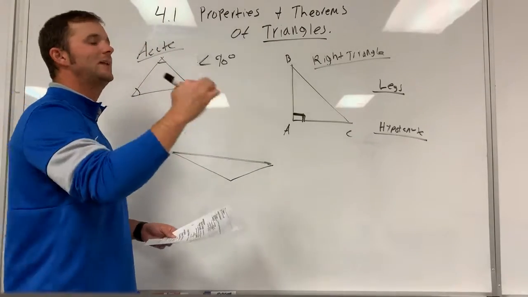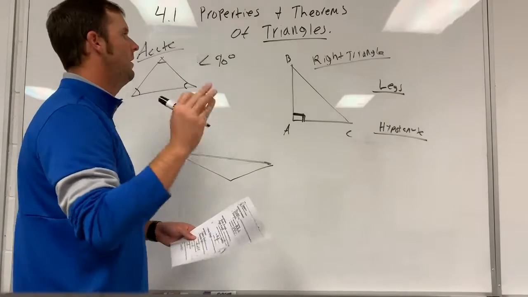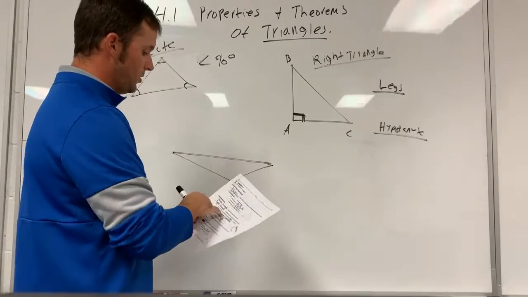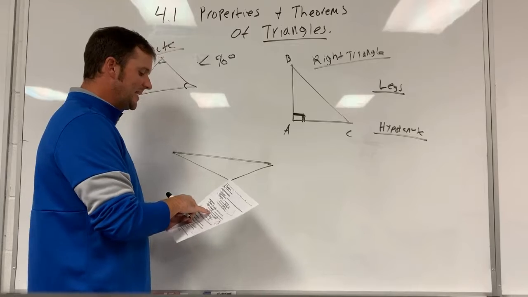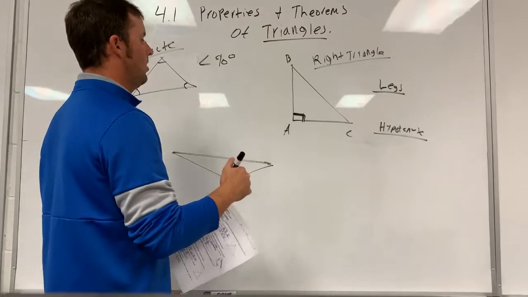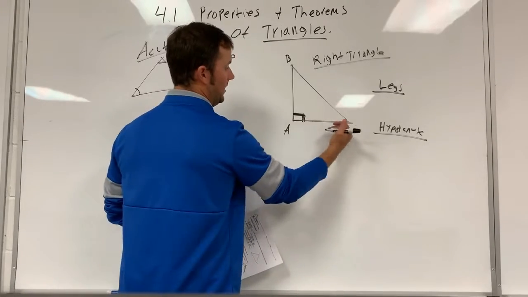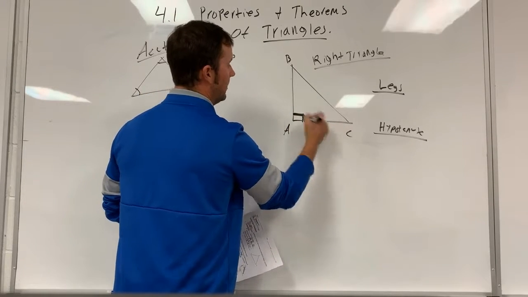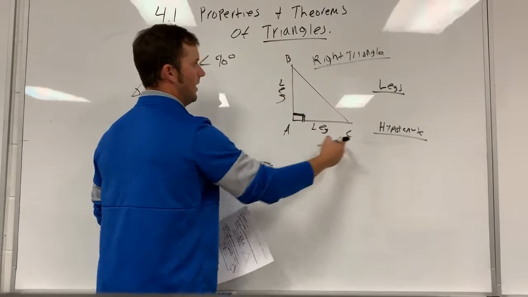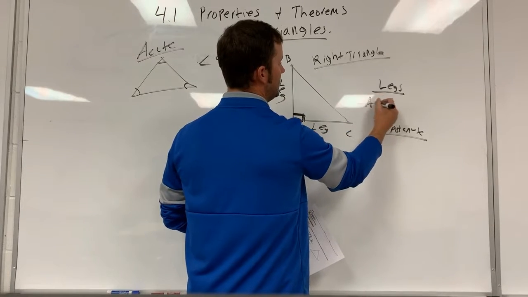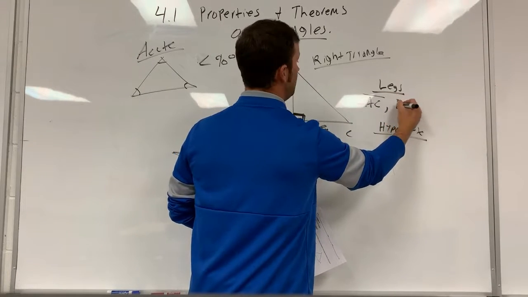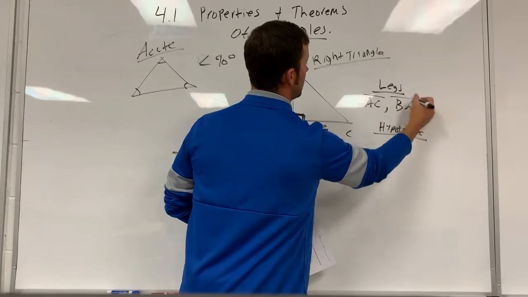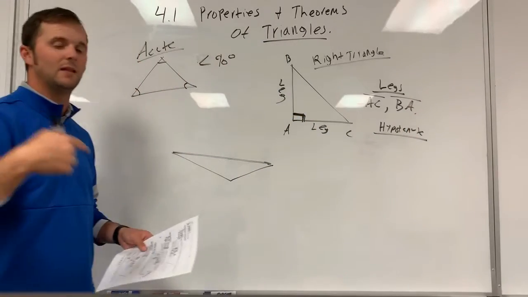So right now, we need to know some specific things about a right triangle. So if you look on your paper, it says the sides forming the right angle are called your legs. So you have this side and this side forming my right angle. So this is a leg and this is a leg. So right here under legs, you could put AC and BA are going to be forming the legs.